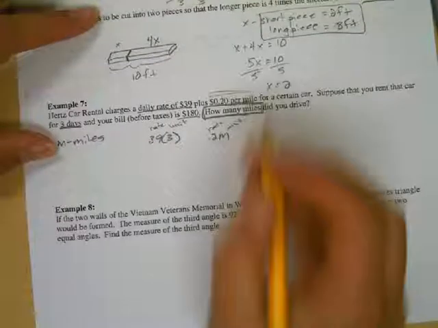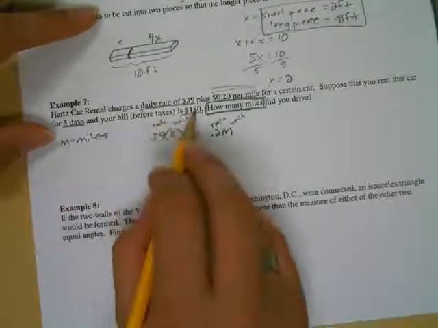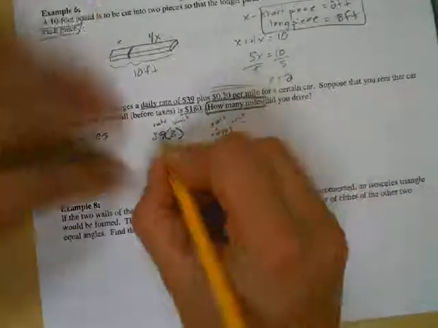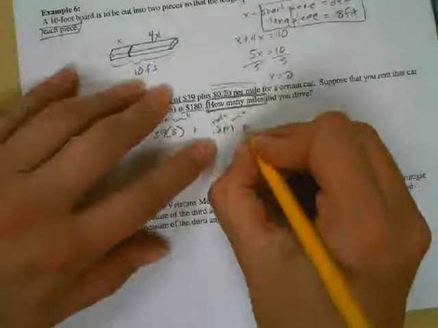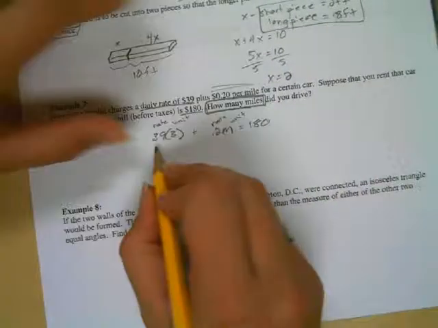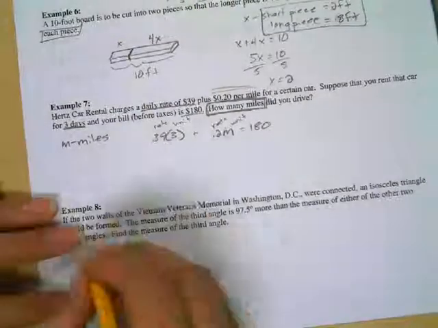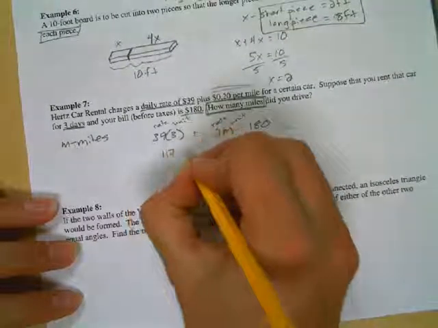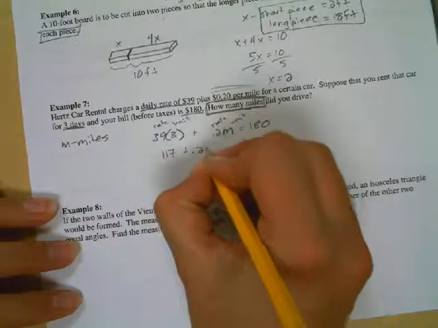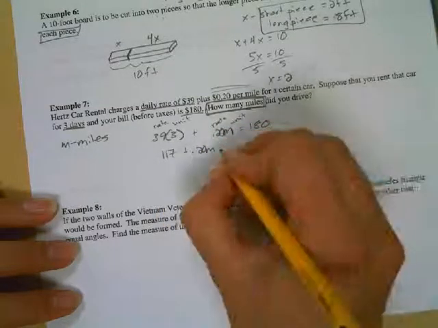So then it says that my total bill here is $180. So the cost for each day plus the cost for each mile should give me a total of $180. So from there, I just have to work that out. You get 39 times 3, which is just 117, plus 0.20 times m, those should really be 0.20, although the 0 is not necessary.